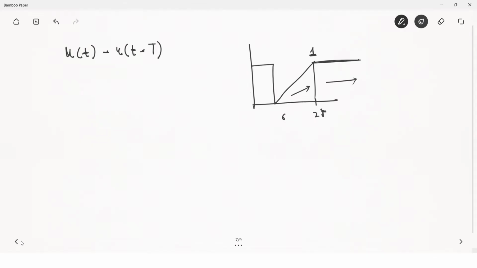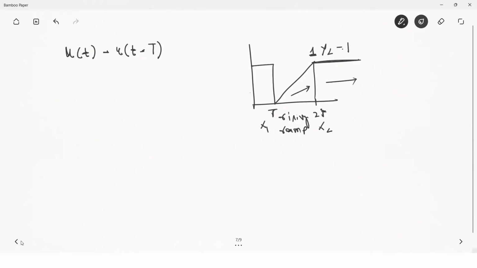Now you have to realize this rising ramp. In order to get this rising ramp, what do you need to do? You need to add a ramp function. But you just check the slope, right? The slope there is 2t and t here, right? In the x-axis. And the magnitude is 0 and 1. So if this is your x1, this is your x2, this is your y1, y2, which is equal to 1.